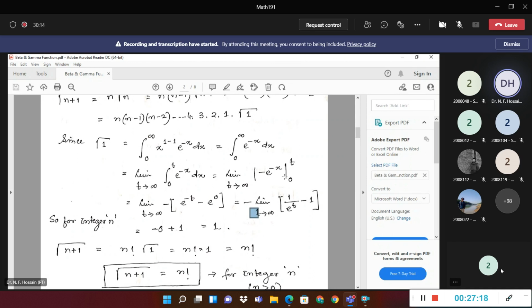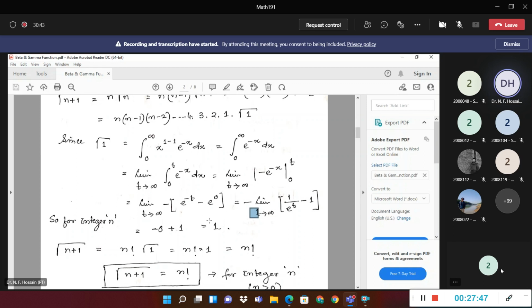Just perform this integration and then use the lower limit and upper limit. Finally, you are getting minus 1 by e to the power t. When t tends to infinity, 1 by infinity is 0. So minus minus plus 1. So remember, gamma 1 equals 1.